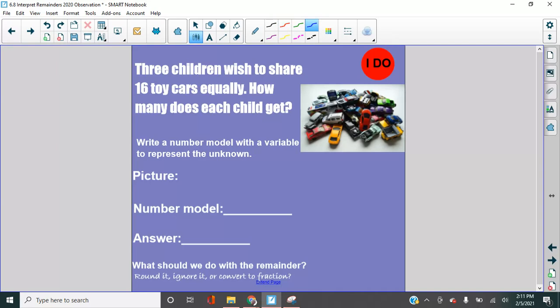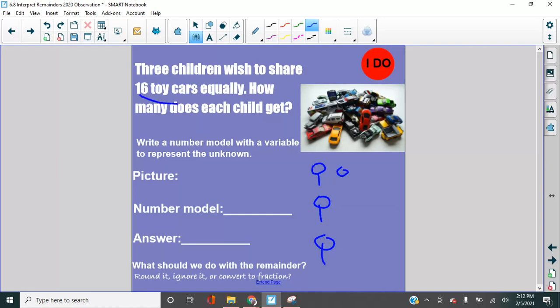Here's our first question. 3 children wish to share 16 toy cars equally. How many does each child get? Write a number model with a variable to represent the unknown. And we are going to draw a picture as well. So we'll draw our 3 kids over here. 1, 2, 3. And we need to give out 16 toy cars.